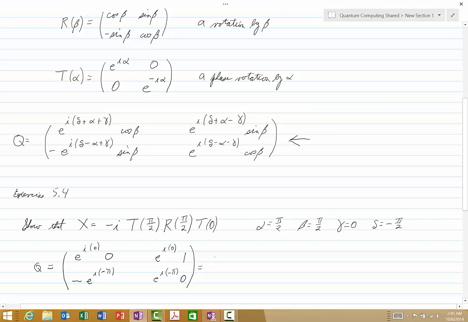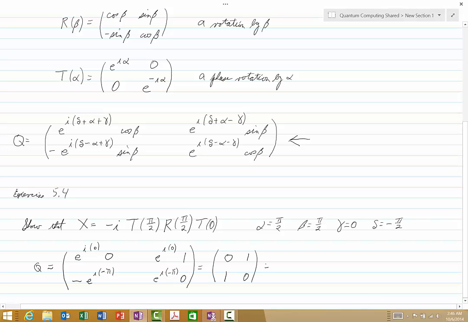So this would be the value for the matrix Q given by this equation. And we see that the first entry becomes 0. Since this e to the i0 here is 1, 1 times 1 is 1. And then, as was already described, e to the minus i pi is negative 1, so we have negative 1 times negative, so that's positive 1. And then here we have 0.